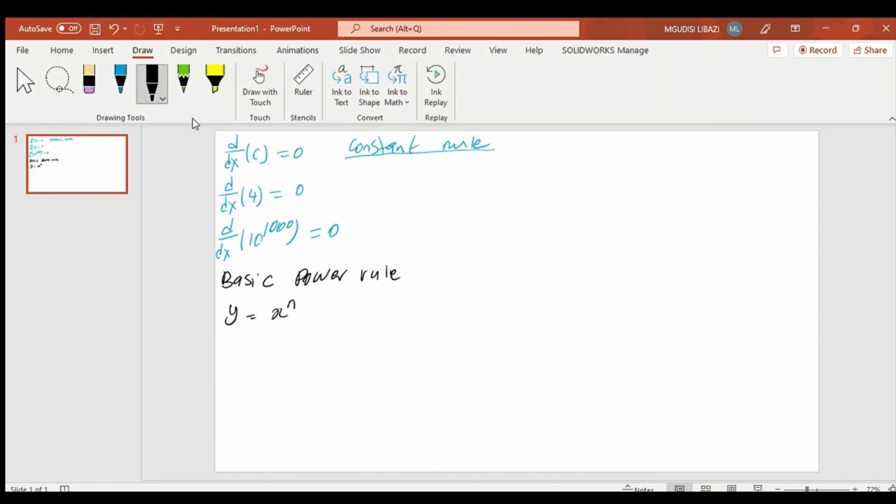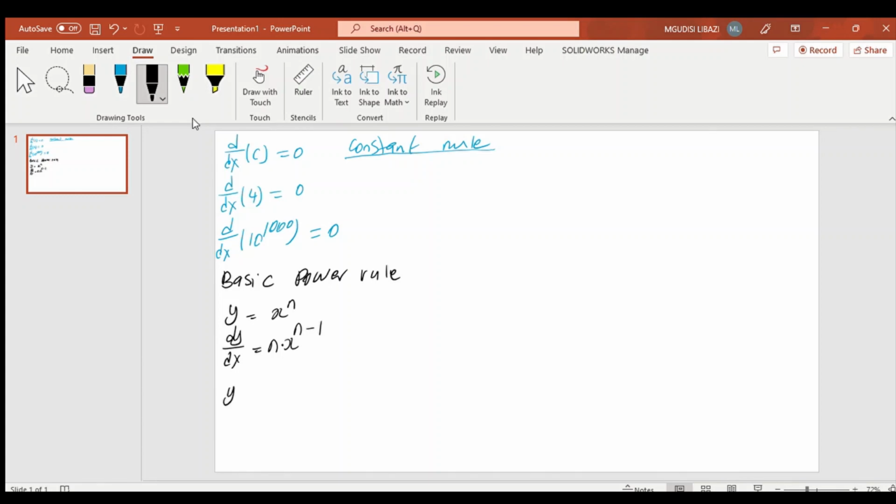If we want to derive that function in terms of x, we have dy over dx, which is going to be, we take that n and multiply it as a coefficient. That means n multiplied by x raised to n minus 1. So you multiply by that n and subtract 1 from the exponent.